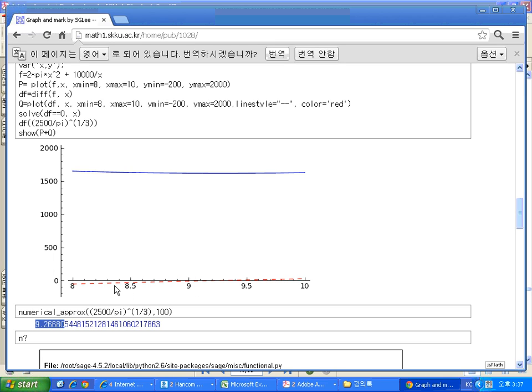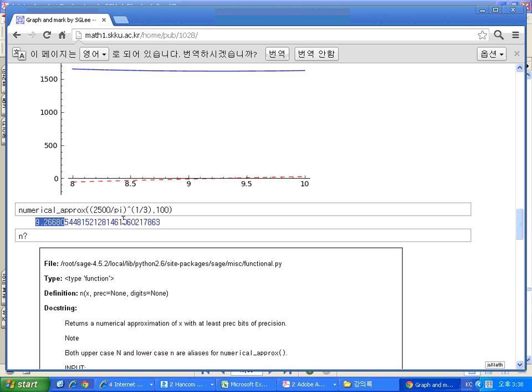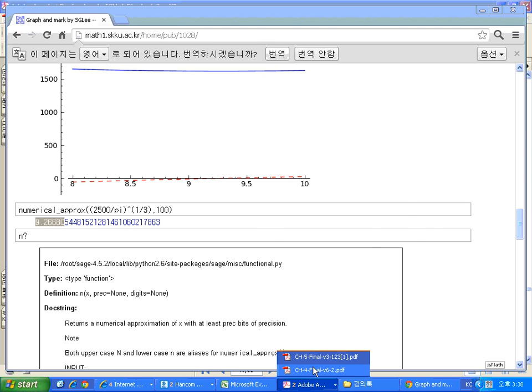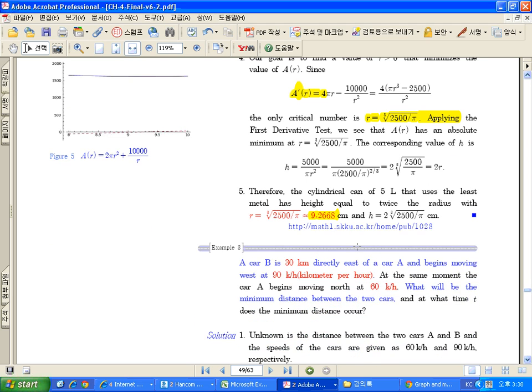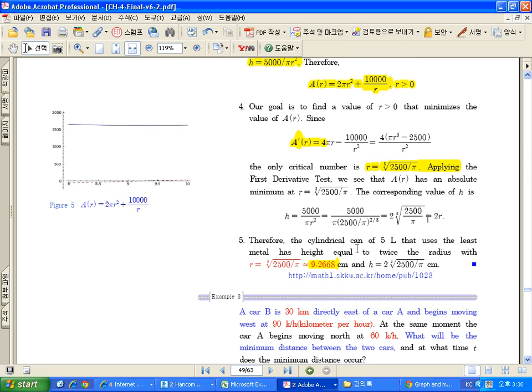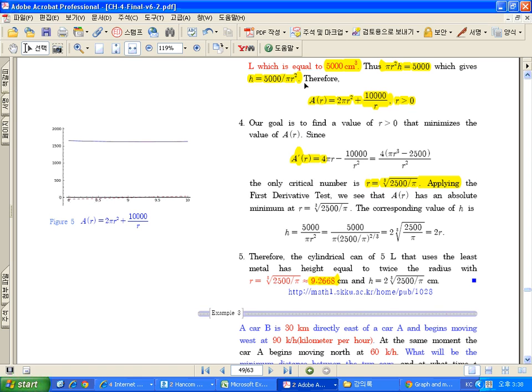This first derivative moves from negative to positive, so it should pass a certain point, which is a critical point. If we plug this value in, then we will have the minimum value there. So we can easily tell that if we choose r as 9.2668, then h comes from this relationship.